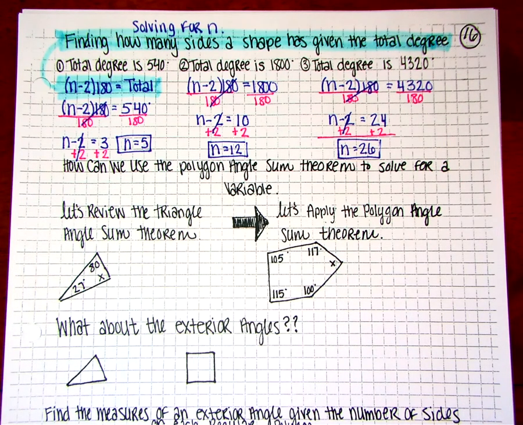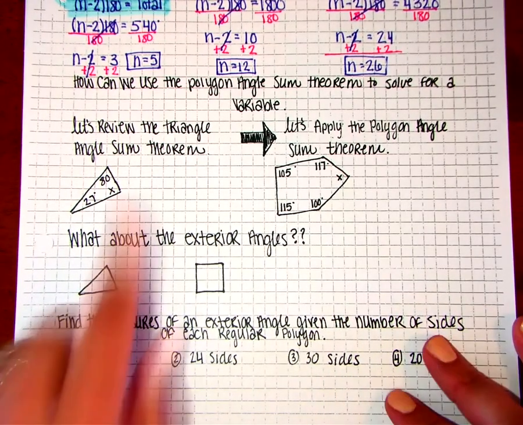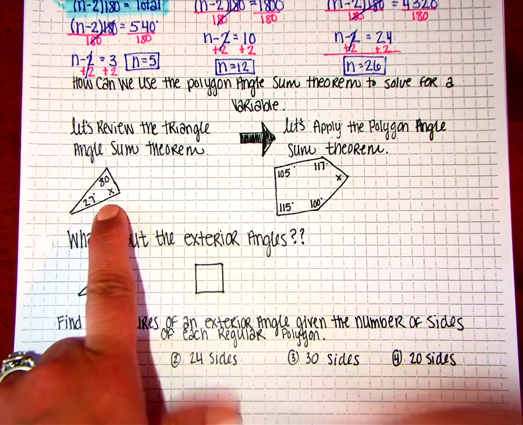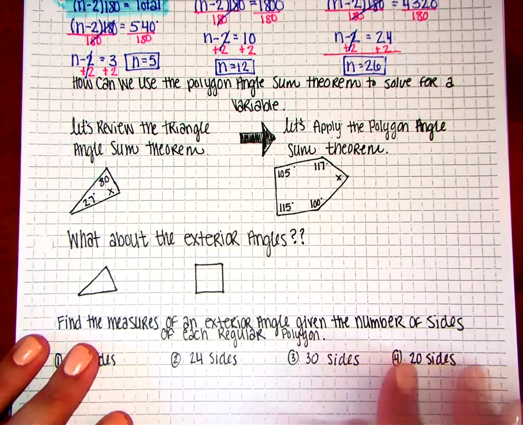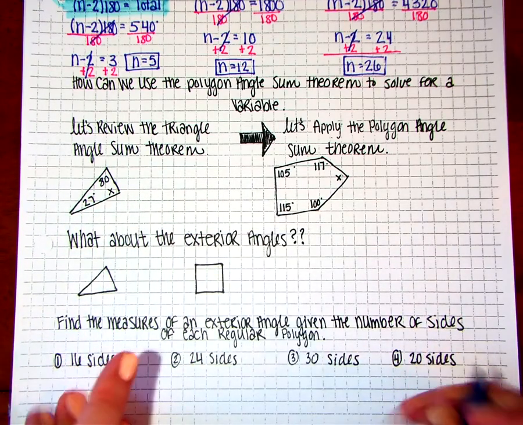All right, to continue on. How can we use the polygon angle sum theorem to solve for a variable? So let's review the triangle angle sum theorem. How did we solve for x? Well, we know that all of these angles have to add up to a certain degree, and that degree is 180.